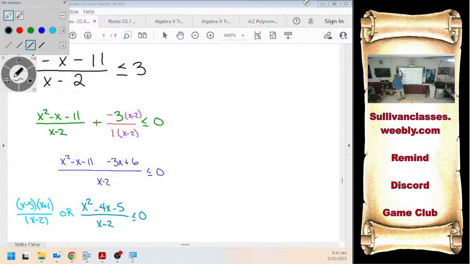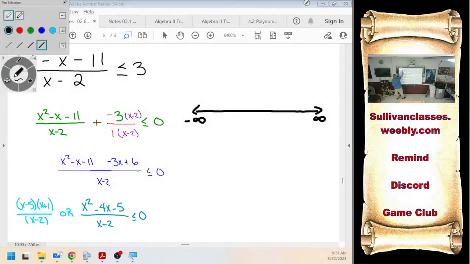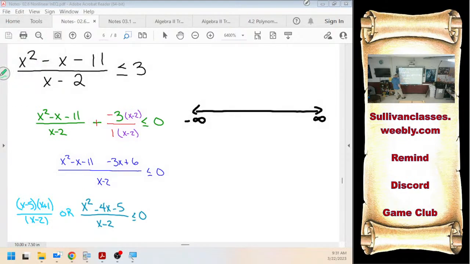Could I get a number line like so, put in my vertical asymptote at 2, right?